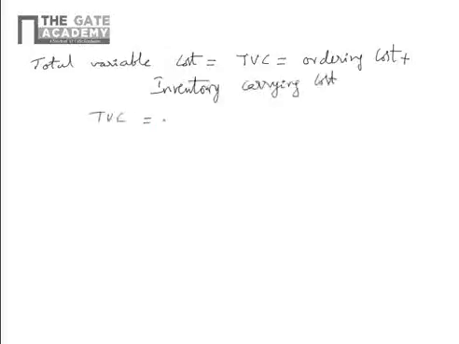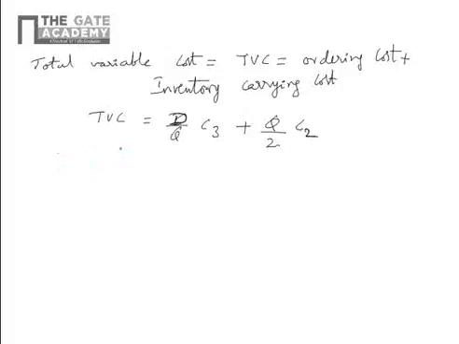So total variable cost equal to ordering cost is D by Q into C3 plus inventory carrying cost Q by 2 into C1, or this we can write PI also, that anyway we have already explained. So fixed cost, first we will complete this, then we can calculate. So total variable cost equal to that one.